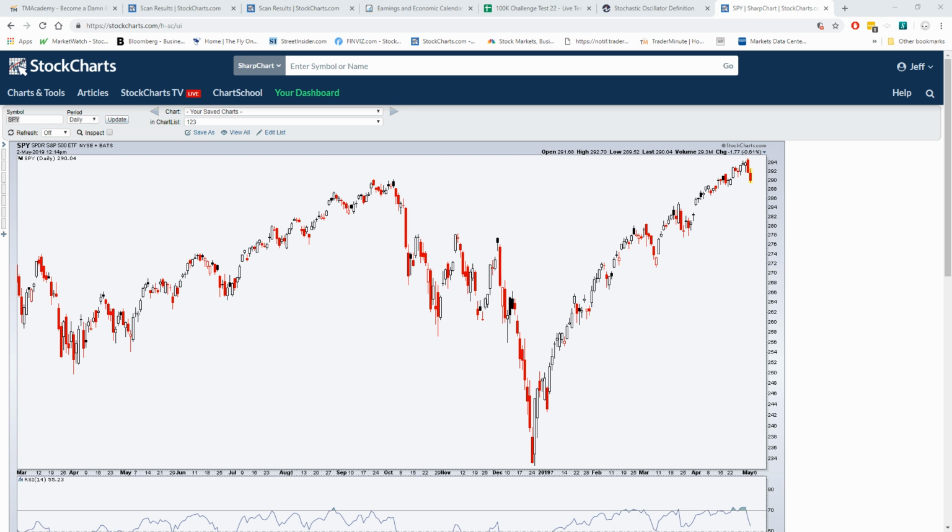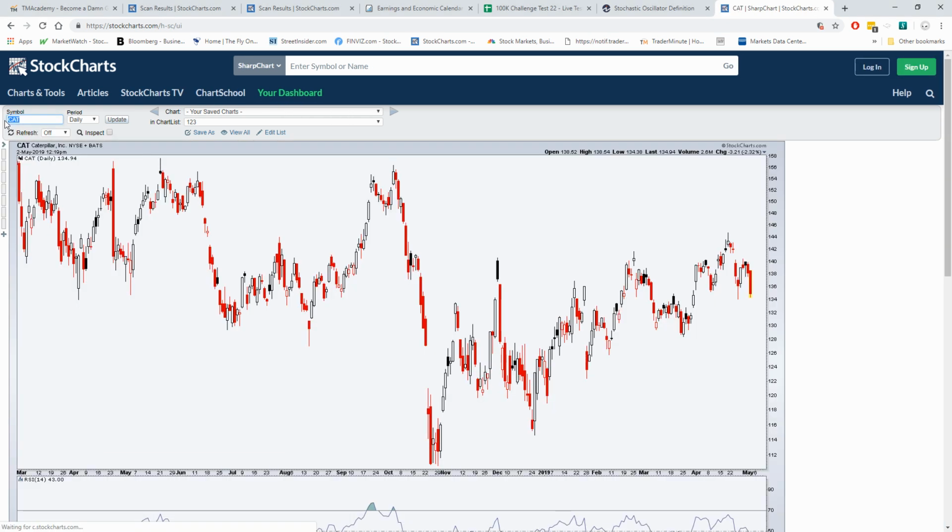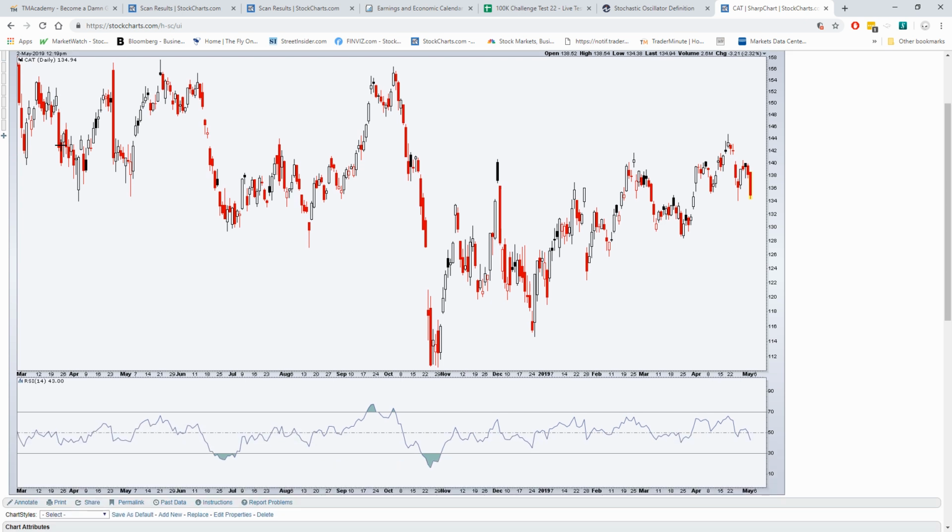But where the RSI shines is when we're talking about divergences, where the indicator is doing something different than the stock. When the indicator is at levels that are different than the stock. Here's Caterpillar.